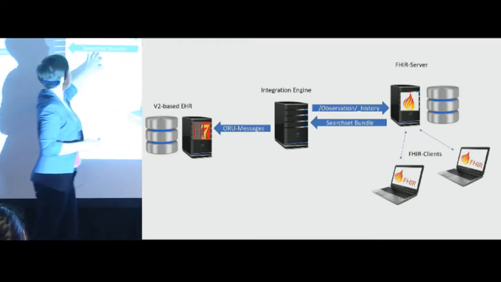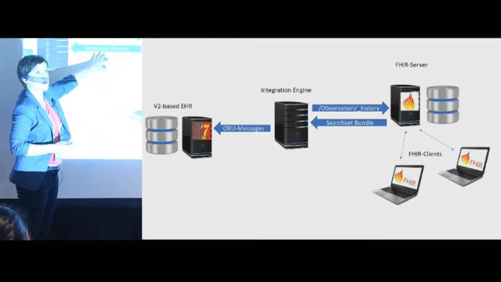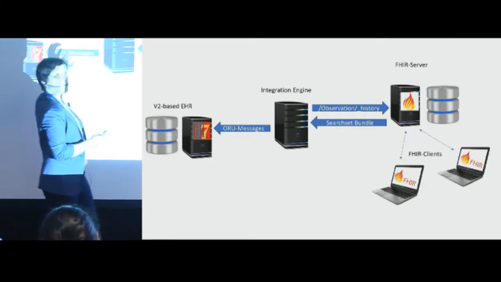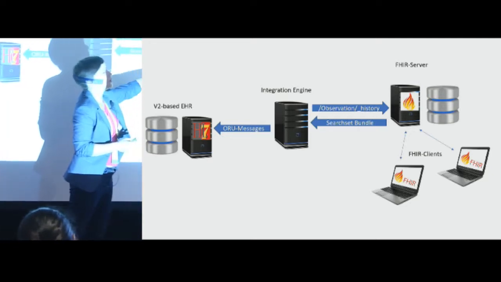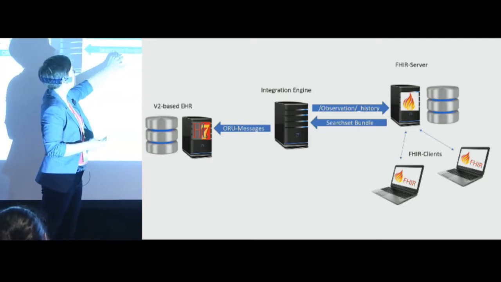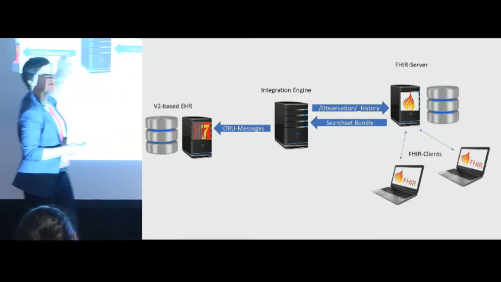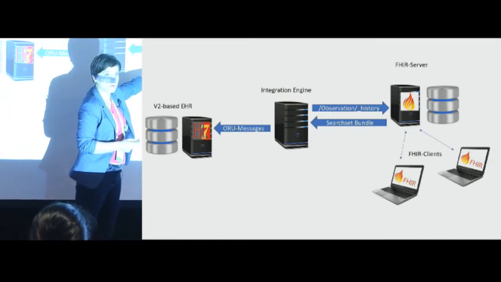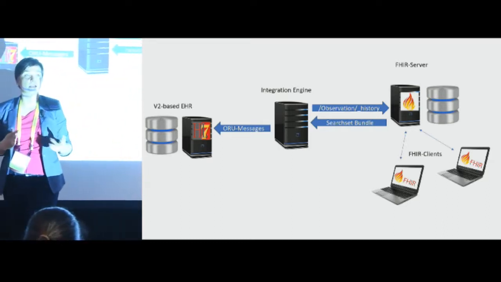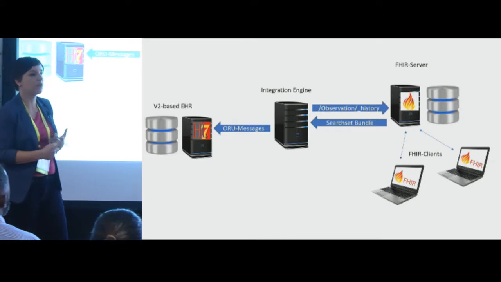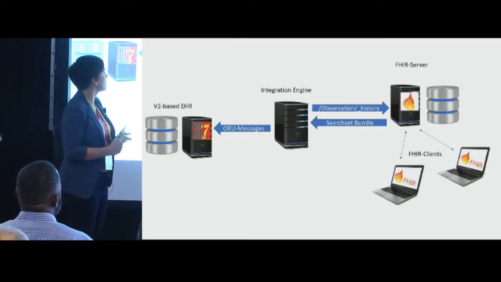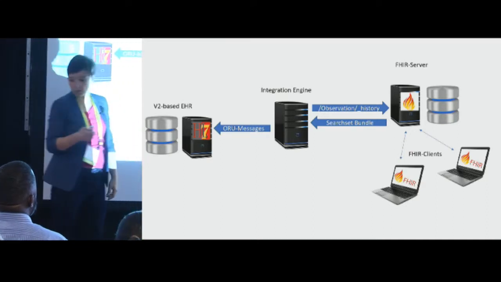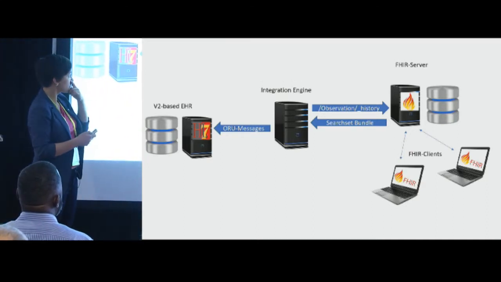And from this search result bundle, we would then be able to create the ORU messages, but only after running another interaction with the FHIR server, because in order to create an ORU message from just an observation resource, we will also have to have at least some basic patient demographics and basic information about the encounter that needs to be part of this ORU message bundle.